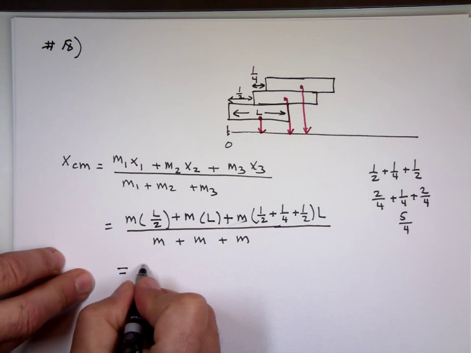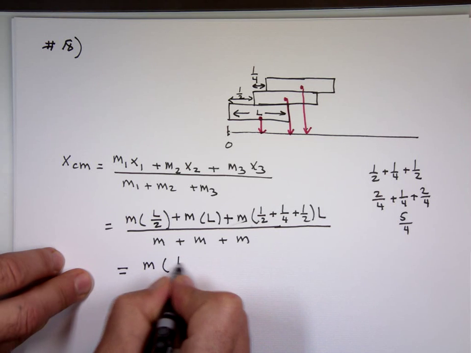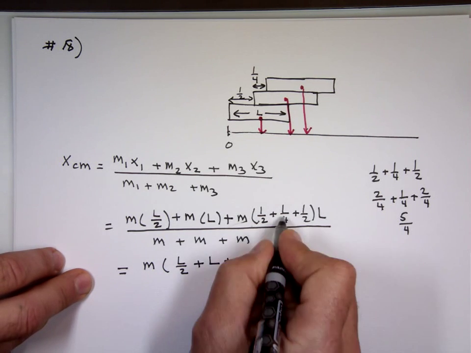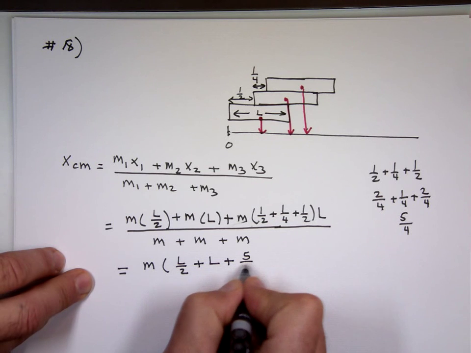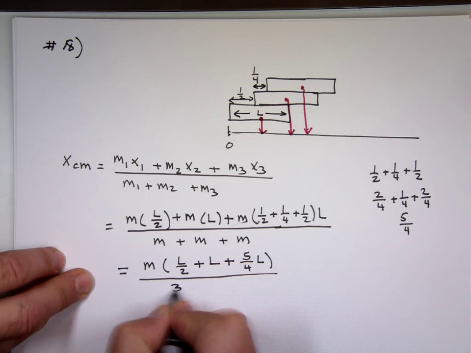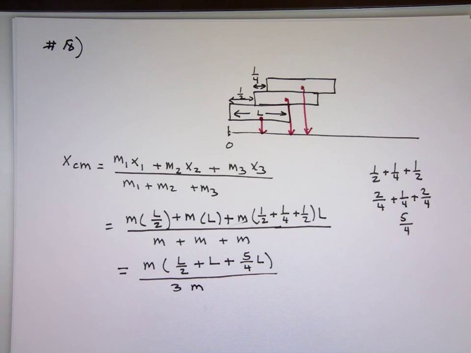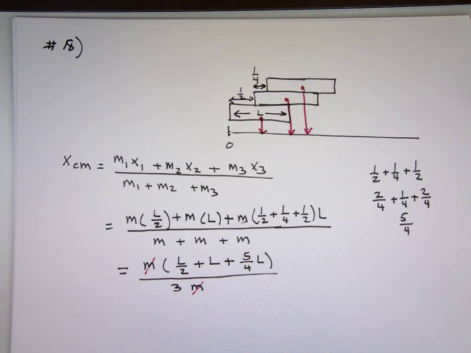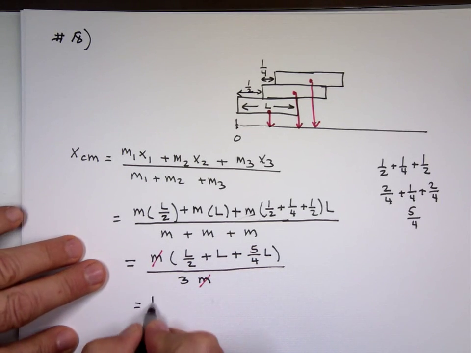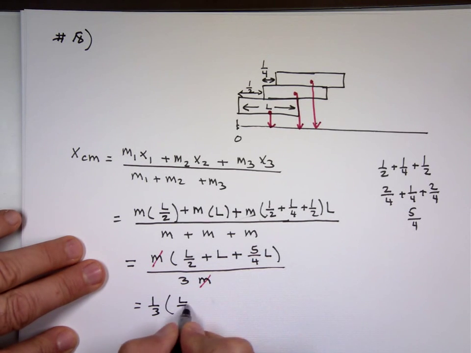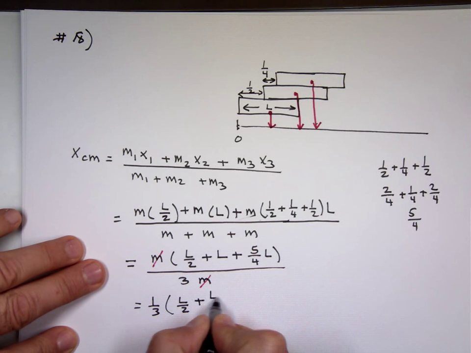This will be L over 2 plus L, and this will be 5 over 4 L, over 3m, and the m's will cancel each other out. So it's 1/3 of these guys. Well, that's L over 2 plus L over 1 plus 5 over 4 L.